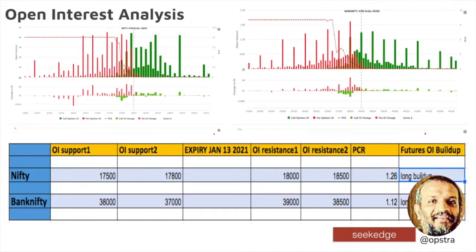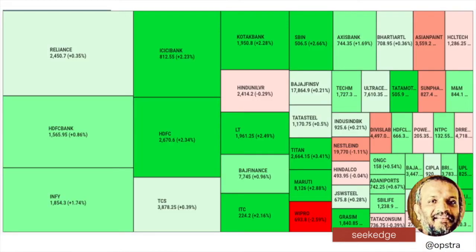So 18,500 may be where we end up having real resistance, and 18,000, 17,800 may end up as a good support. 17,500 is very far away, 500 points down. So 17,800 to 18,500 may be the range for this weekly expiry of January 13th, right? So that's about the open interest analysis.